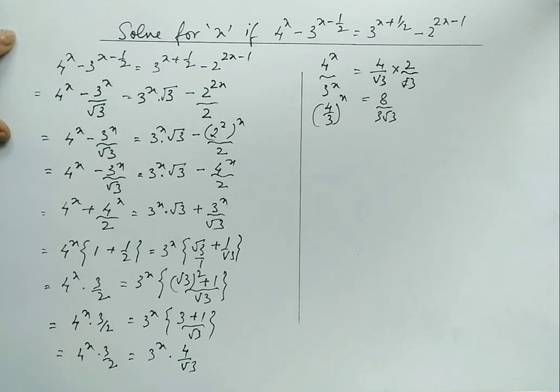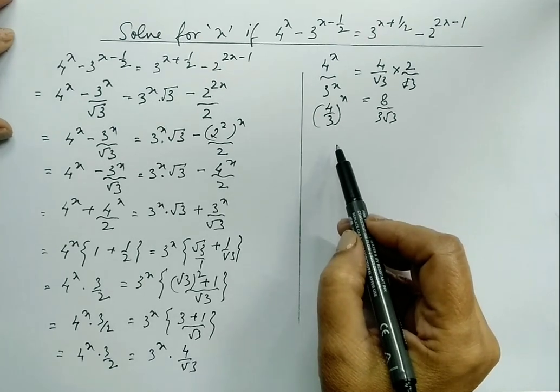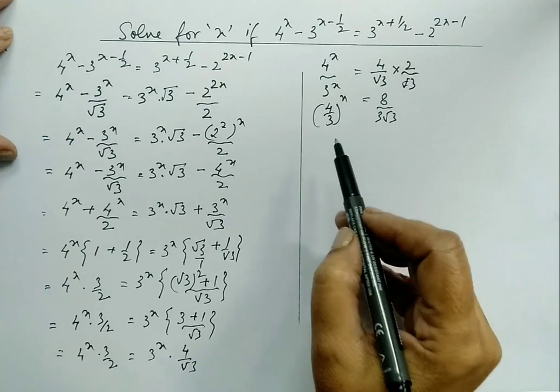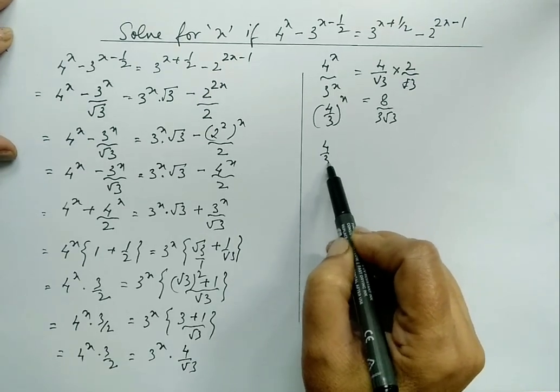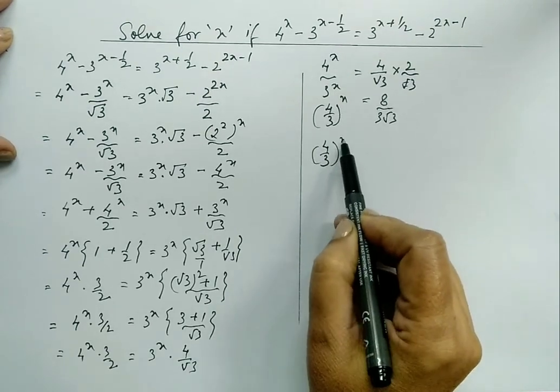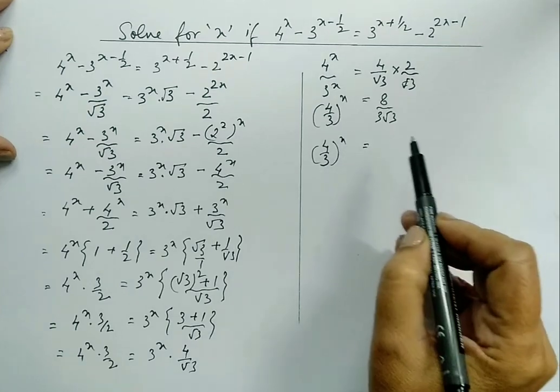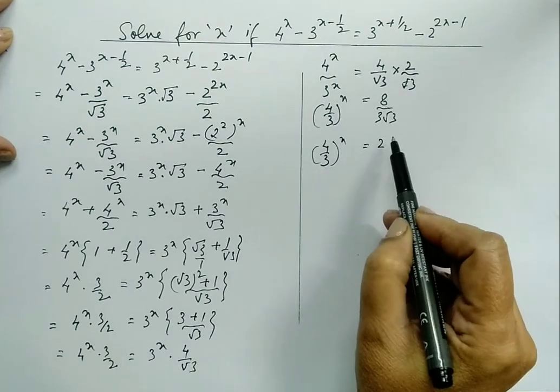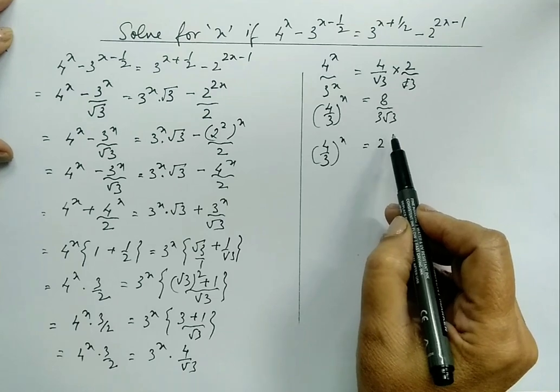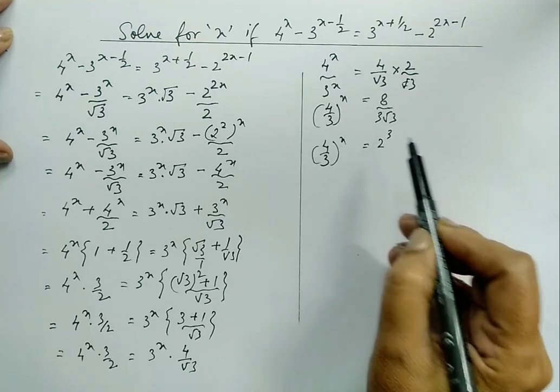Now we have to do a little tweak here, so that we straighten this up in a manner that we reach up getting the value of x. For 8 we can write 2 to the power 3, isn't it?